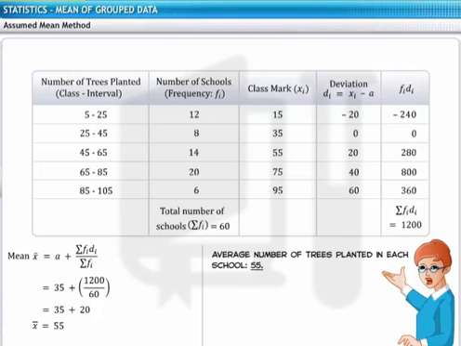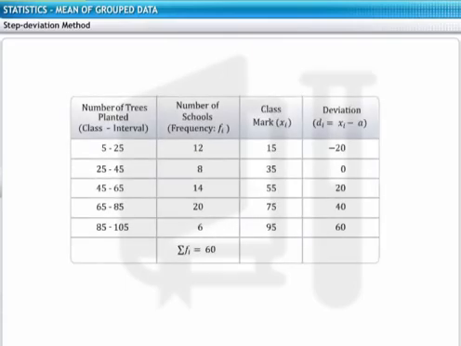Now, let us see if we can further simplify the calculations using another method to calculate the mean of grouped data. Let us go back to the step in the assumed mean method, where we chose one of the class intervals as the assumed mean and found the deviations for all other class intervals.